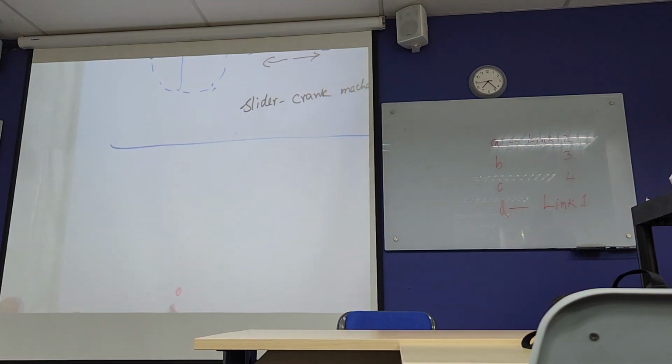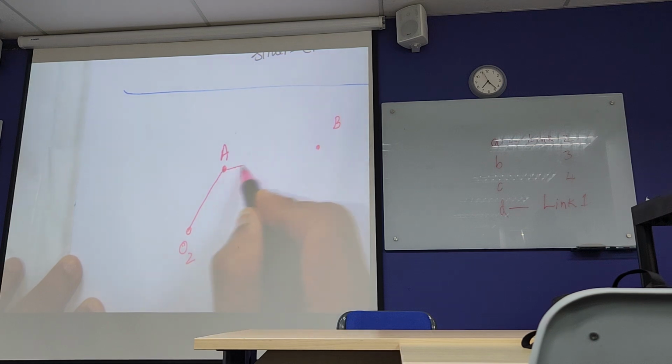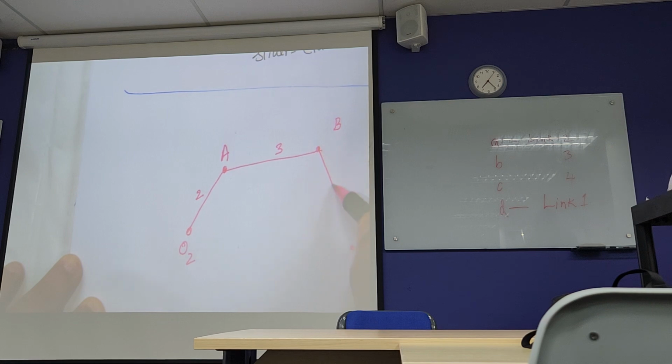we'll say O2. So this is link 2. So O2A, then B. So this will be your link 3. So there will be a ground link, we call it O4.